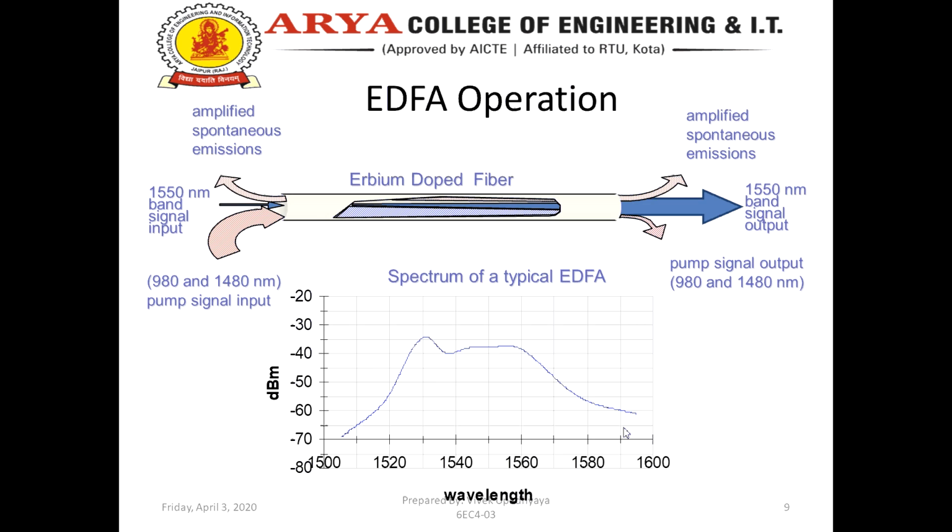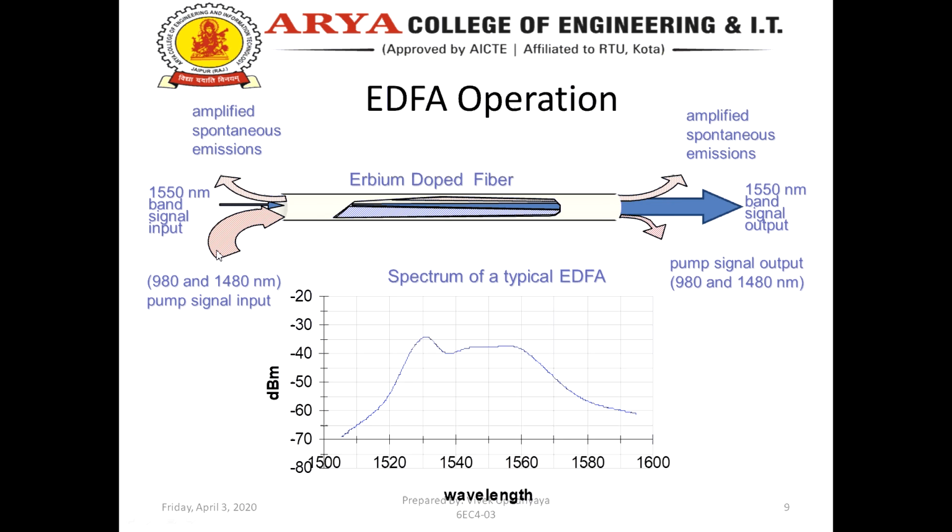Now this is the EDFA operation. Here we can see that in the EDFA, this arrow shows the amplified spontaneous emission. This arrow also shows the amplified spontaneous emission. Now this is the 1550 nanometer band signal input, and this is the 1550 nanometer band signal output, which is amplified in nature.